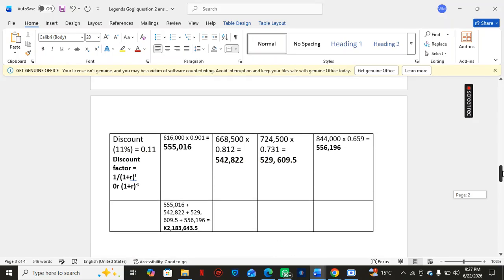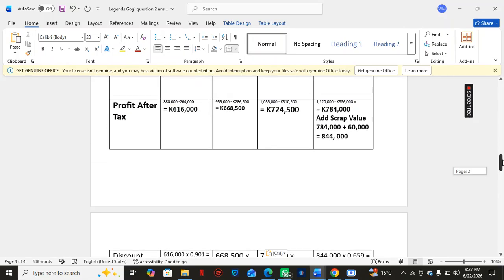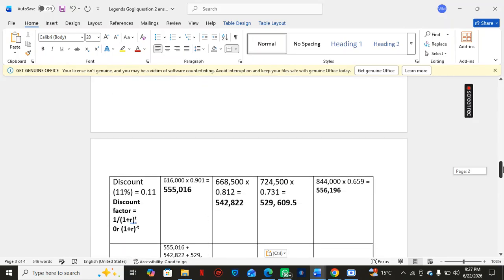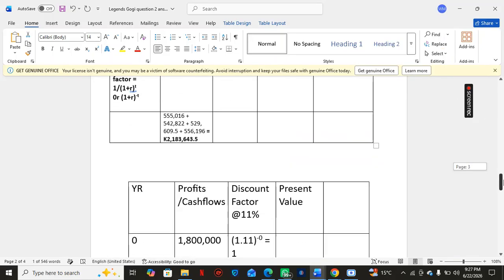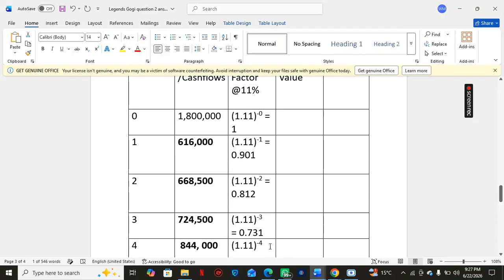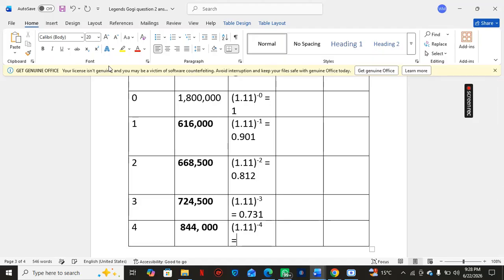Then year 4, 1.11 to the power -4, you get 0.659. And colleagues, I hope these figures were counter-checked.